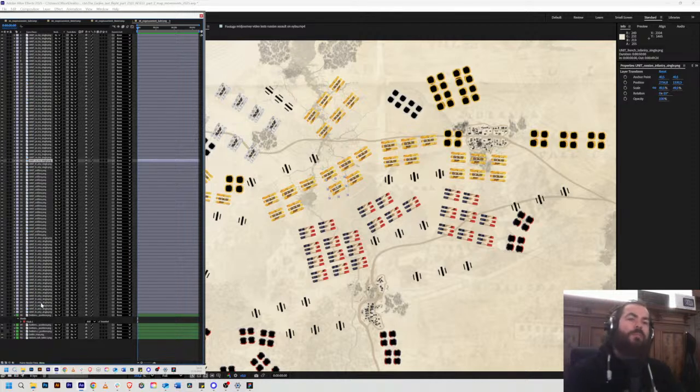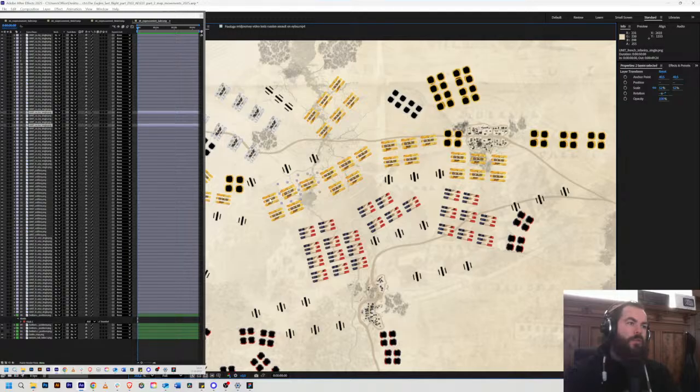I will animate them separately. Oh, this is where the fun begins. That's why I usually duplicate them.